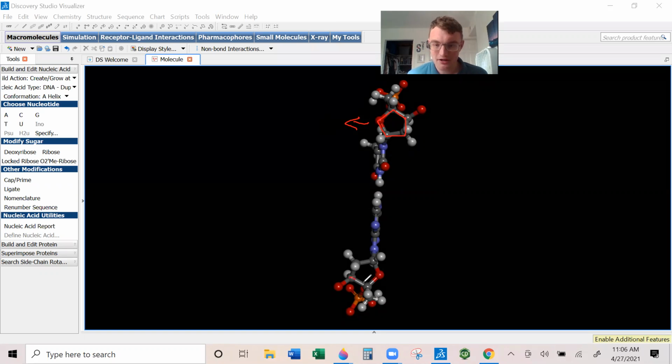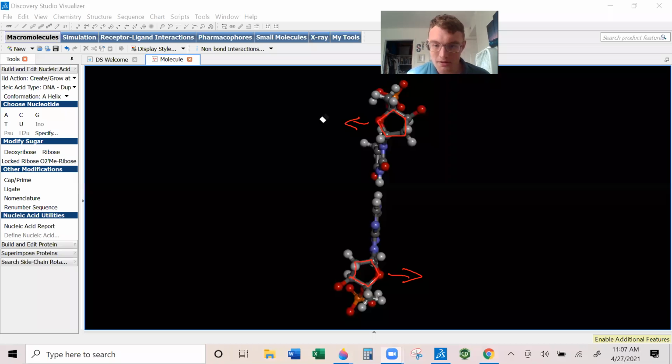This pentagon over here on the opposite base, notice it's pointing the other way. The pentagons are upside down from each other, or backwards. So the pentagons on this strand are pointing that way, and the pentagons on that strand are pointing that way. So the strands are parallel to each other. They're running alongside each other, but they're actually pointed in opposite directions. And that's what the sugars can help you see.